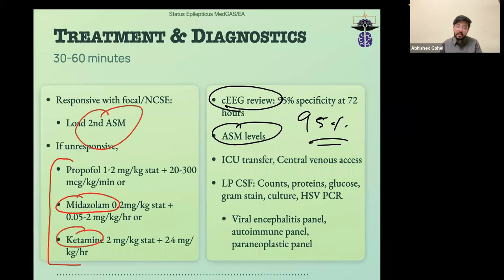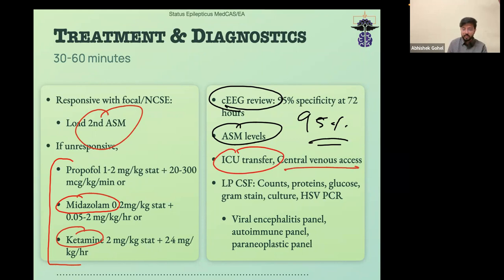So you have given a loading dose of phenytoin, but what if he is a fast metabolizer? The levels might not have reached at this point of time. So you better advise anti-seizure medication levels for all the drugs which have been going on, so that you know that you are above the therapeutic level. And ICU transfer has to be done.